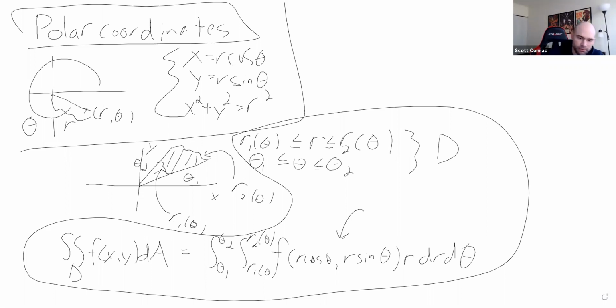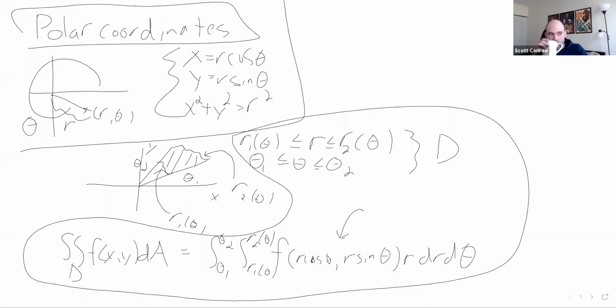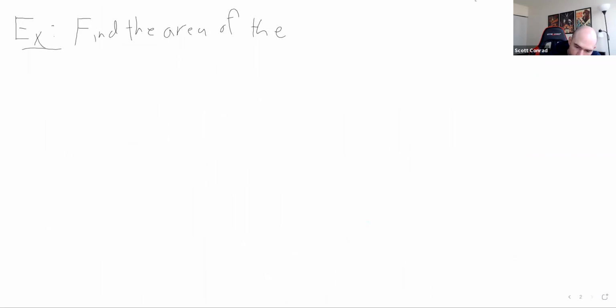Okay, so let's do an example of this. Let's find the area of the region inside the circle x squared plus y squared equals 2x.